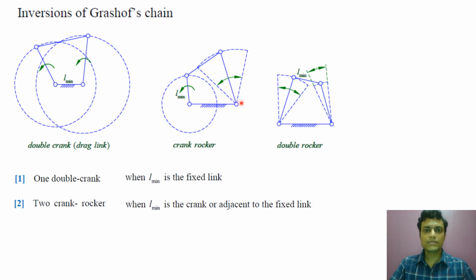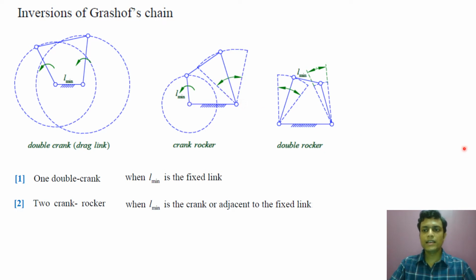But this follower cannot make a complete rotation. It can only oscillate with respect to the other link. This is not the fixed link, it is not the L min. So here this follower can only oscillate, and L min can make a full rotation of 360 degrees, and this oscillation cannot cross the line of the frame and will always be less than 180 degrees.